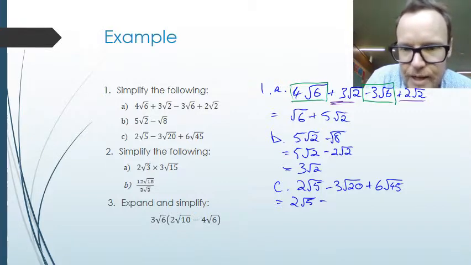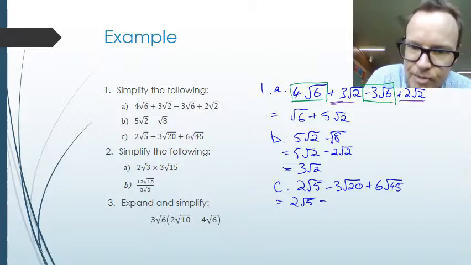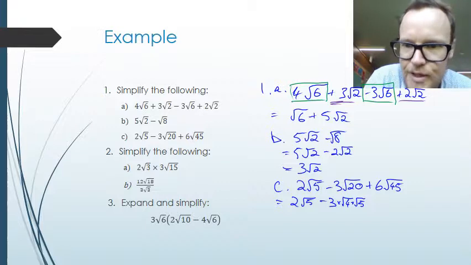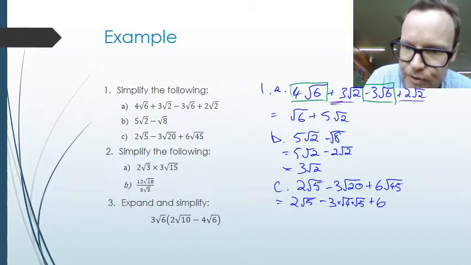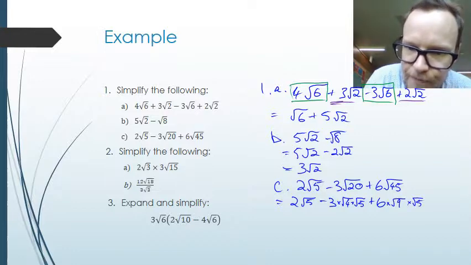We've got 3 root 20, which is going to be able to be, and I'm probably going to have to split this up because it's going to be easier for me to see. This is going to be 4 times 5 is 20, and I've got 9 times 5 here is 45, and 9 is a perfect square, so 9 times root 5 here.